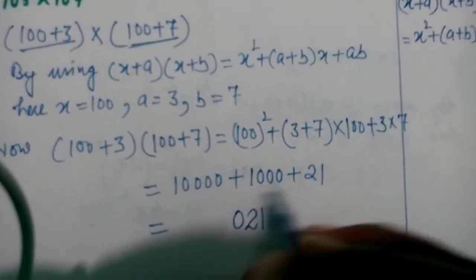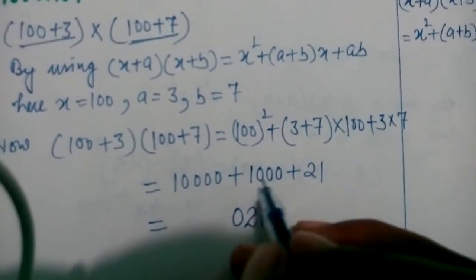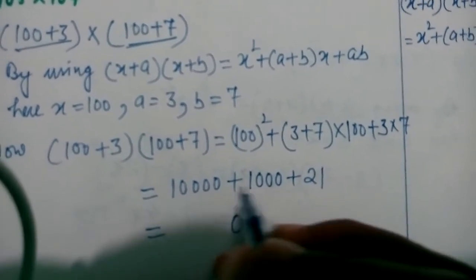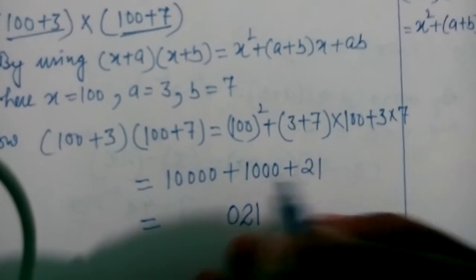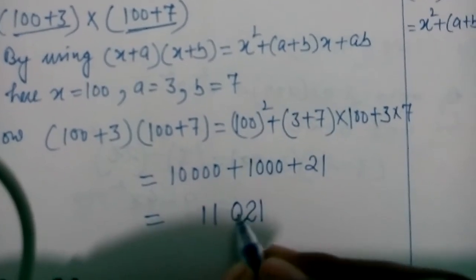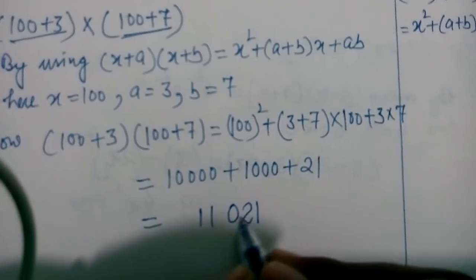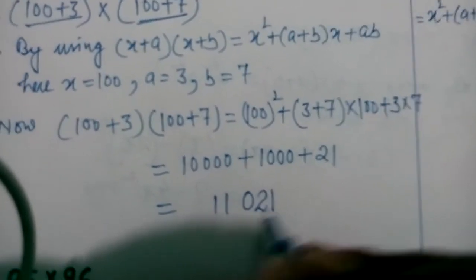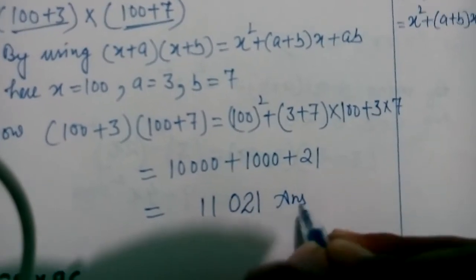It is very simple: 10,000 plus 1,000 is 11,000, and 21. So how will you write this? As 11,021. Okay, so this is the answer.